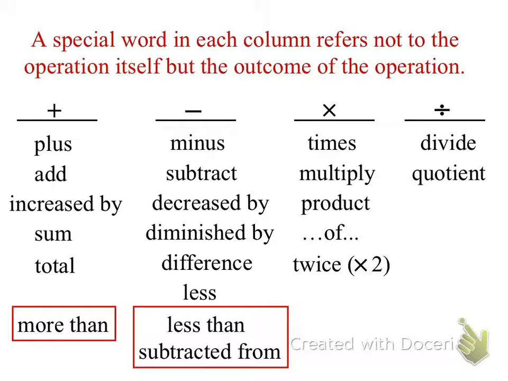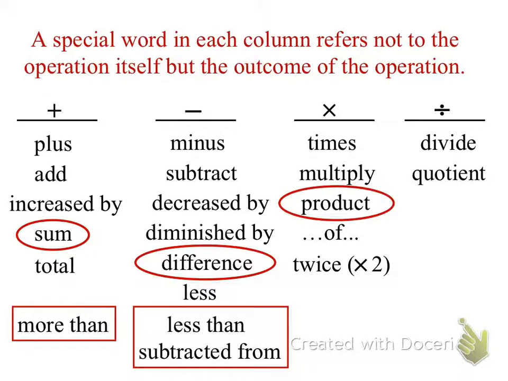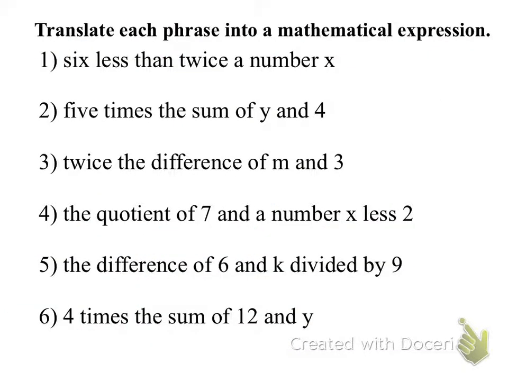An outcome. Sum. Correct. And the next column, what word? Difference. Difference, good. And next, Brady? Product, good. And then the last one, Reef? Quotient. Quotient, good. Okay, all right, so let's start going.